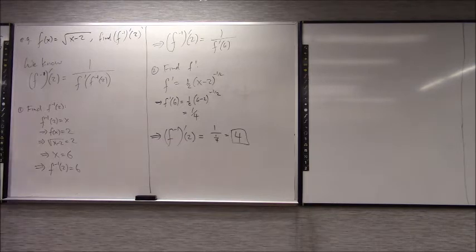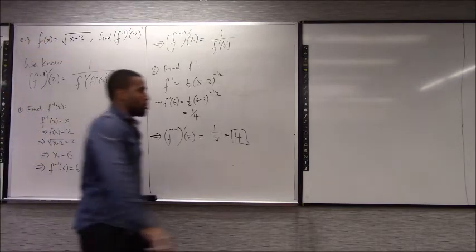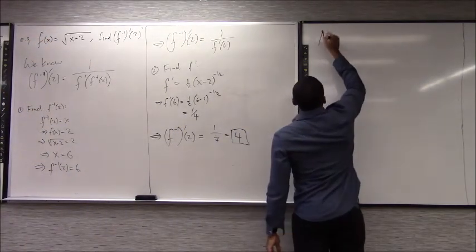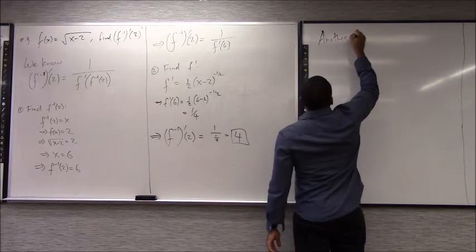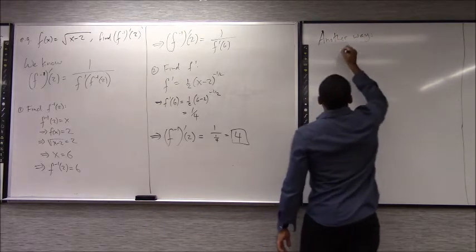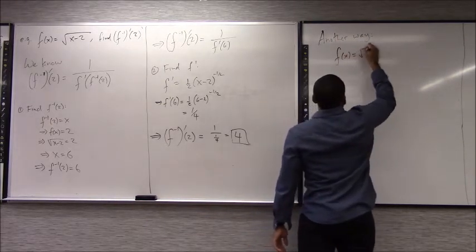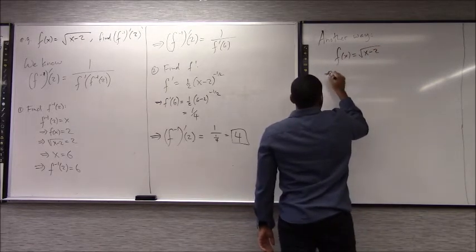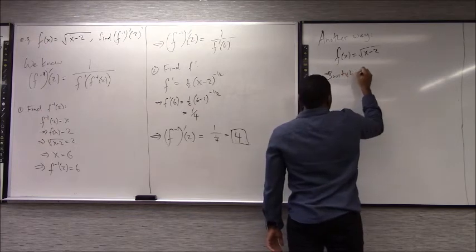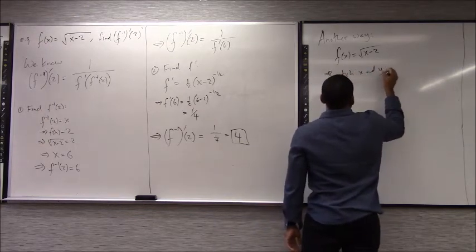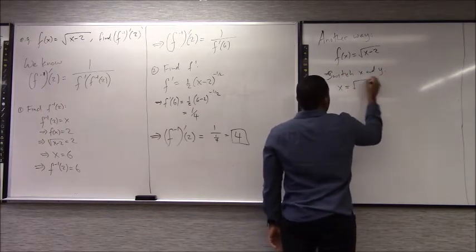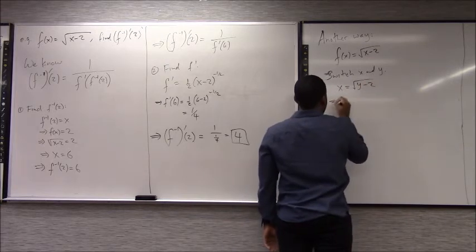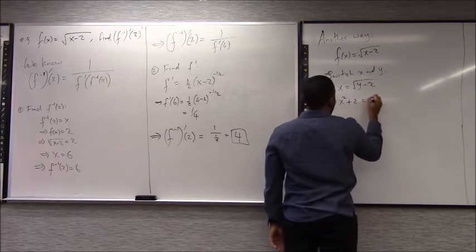By the way, you can note that this is a function where we could have found the actual inverse function. In fact, let's just do that quickly. We know that f of x equals the square root of x minus 2. So if we switch x and y, we would have x is equal to the square root of y minus 2. This would mean that x squared plus 2 equals y.